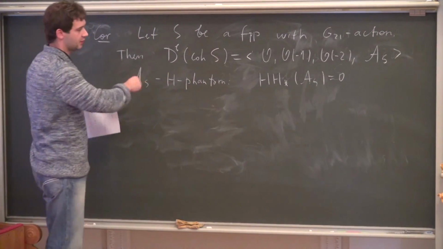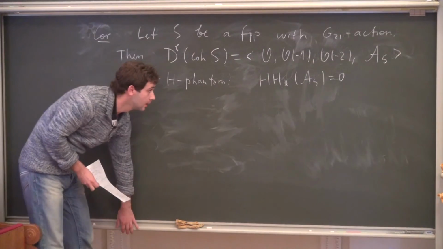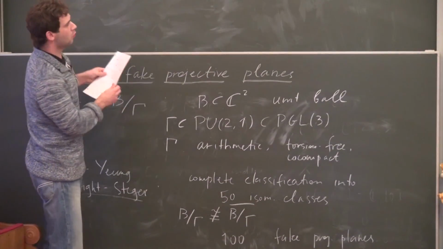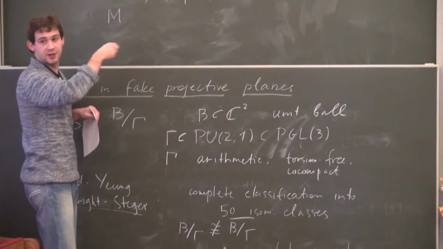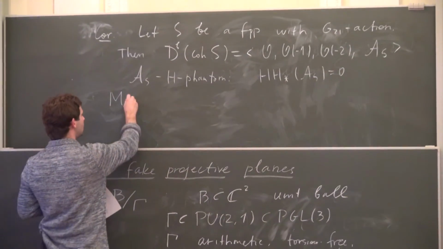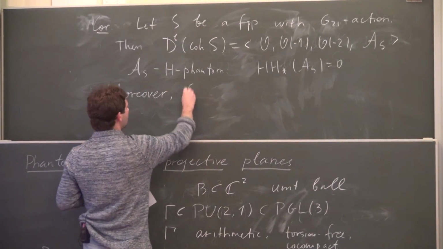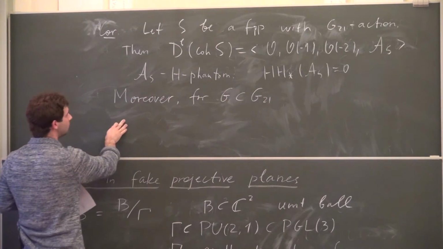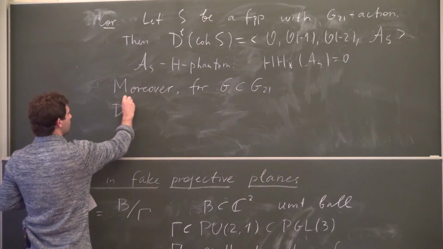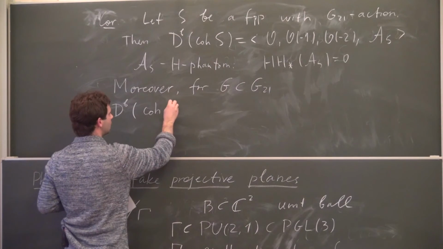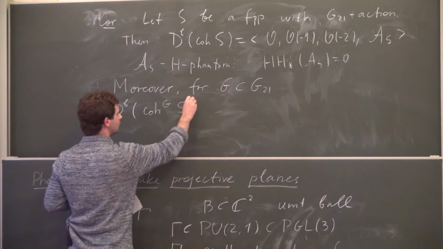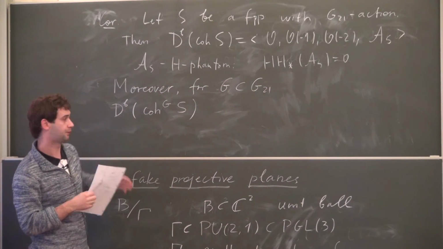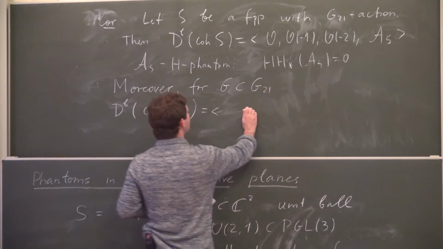I'll write everything and then I'll explain how this goes. Moreover, we can do this equivariantly. We can take into account subgroups of G21, for G any subgroup inside G21. We can decompose the derived category of equivariant coherent sheaves. These are coherent sheaves on S which are linearized for G. And this has the following shape.